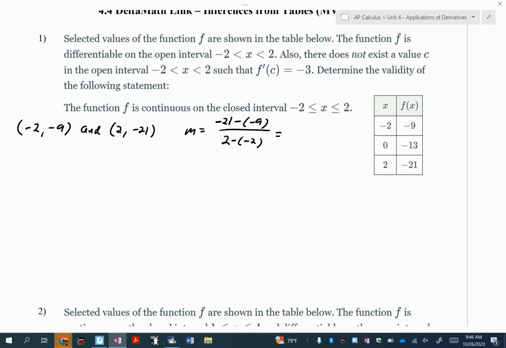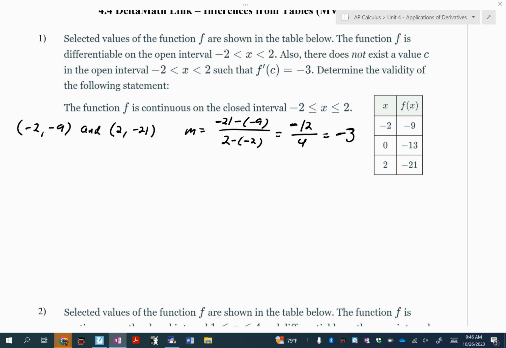So that's really -21 plus 9, which is -12. And then 2 minus -2 is going to be 4. So this is -3. The first one we did. So this is the endpoints. What's the slope of the secant line?